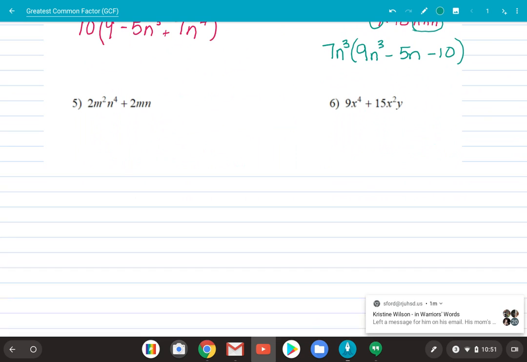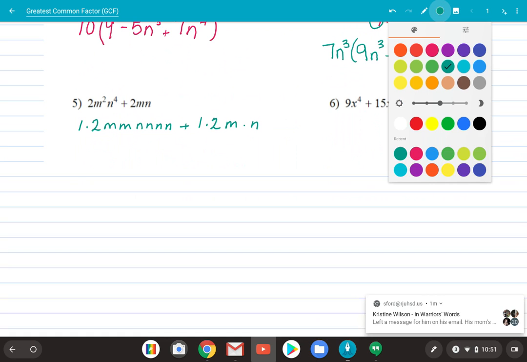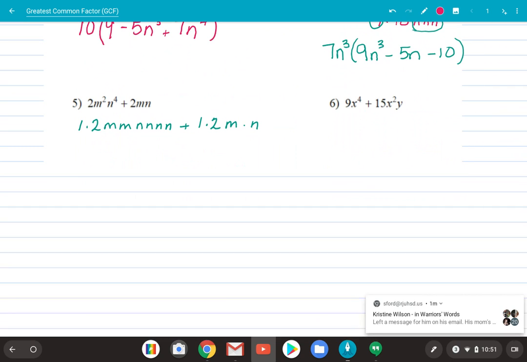All right, the next ones have 2 letters, but it's still something we can do. So we're going to break them up again. So 2 is just 1 times 2, 2 m's and 4 n's, plus 1 times 2, an m and an n. Circle what they have in common. They both have 2's. They both have at least 1 m, and they have 1 n. We really don't have to circle the ones, but you can, but you don't have to. So 1 times 2 is 2.